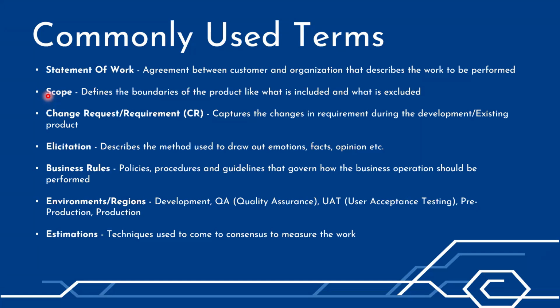Whenever you start working, it is very important to understand the boundaries of your work. You cannot have an undefined and unlimited boundary, otherwise there will be no end to your work.